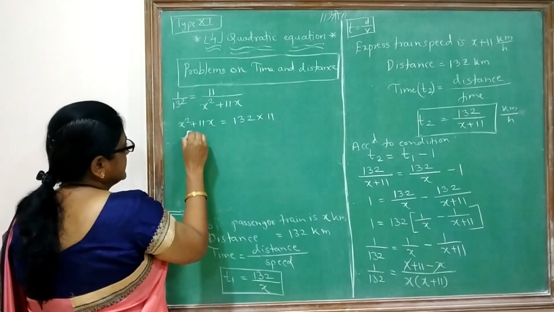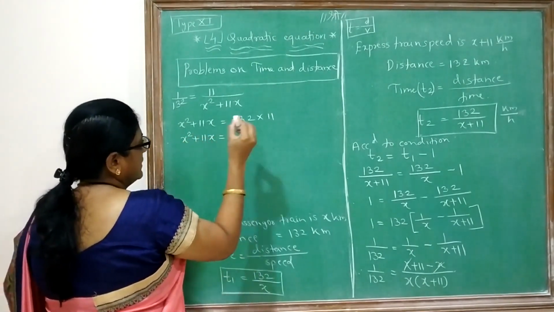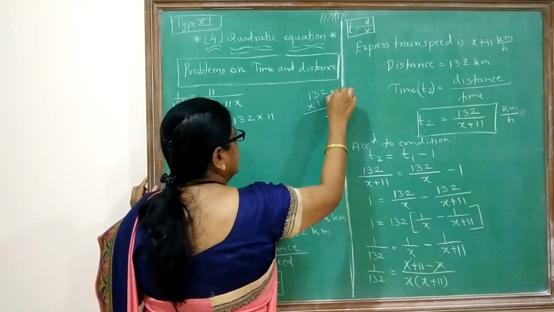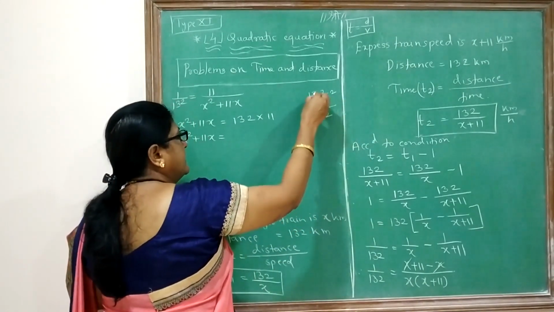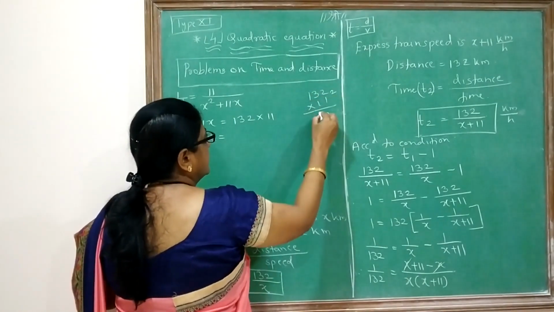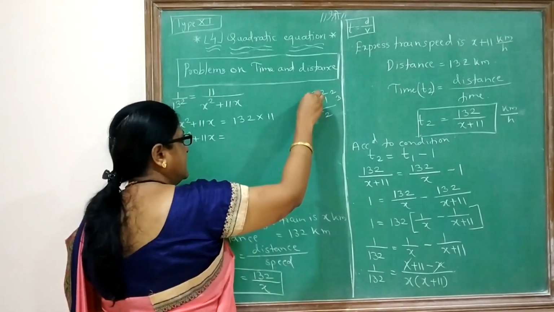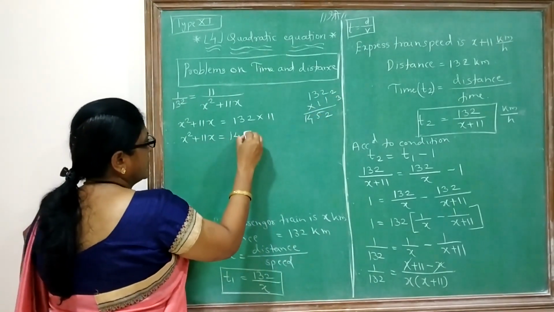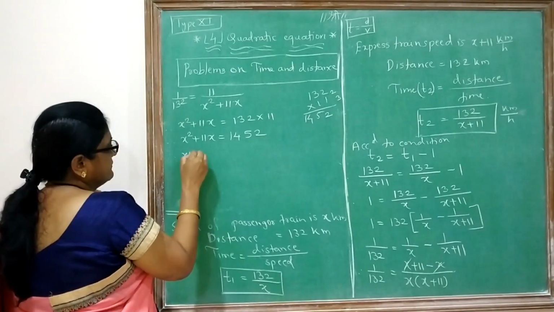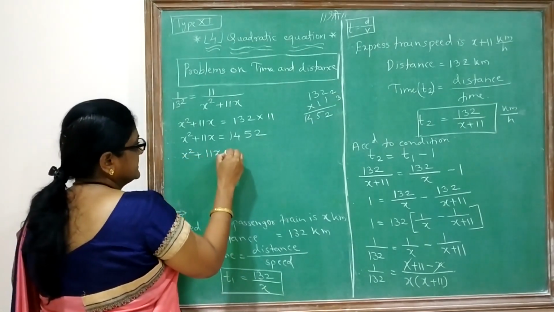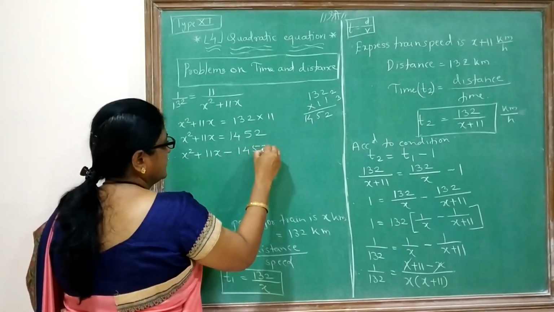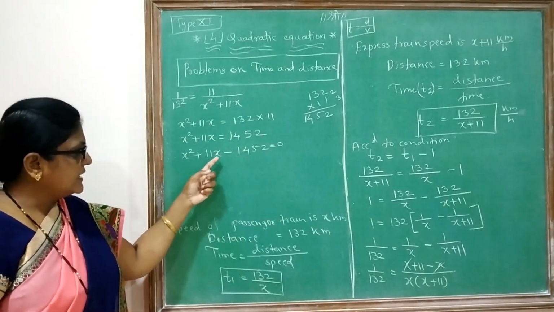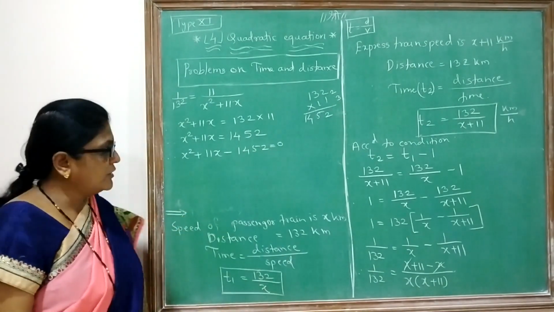Then you will get x square plus 11x equal to 132 multiplied by 11, which is 1452. So your equation is x square plus 11x minus 1452 equal to 0.